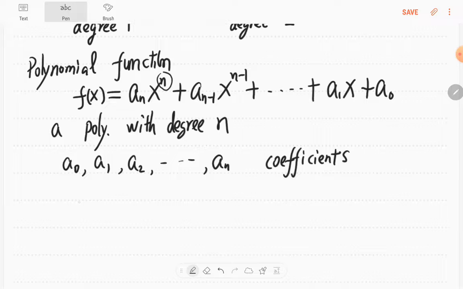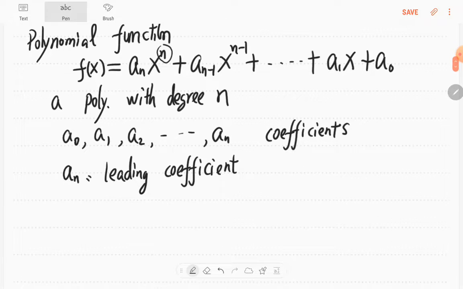And an, which is the coefficient for the highest power term, we give a special name, which is called the leading coefficient. And a0, which has no x term, we give a name. This is called the constant coefficient.